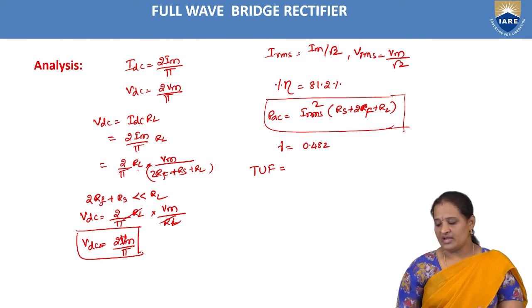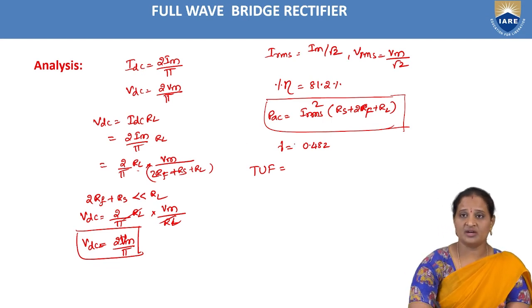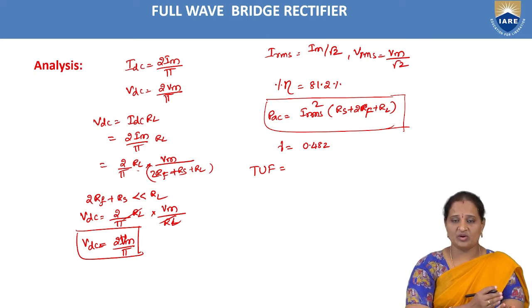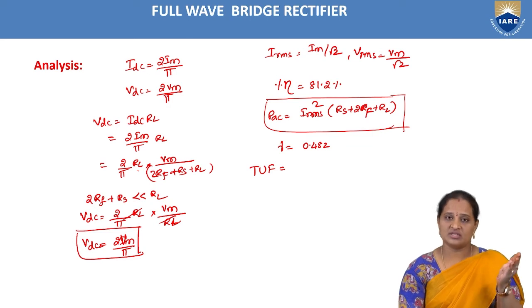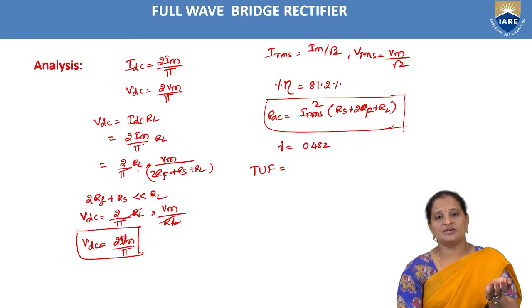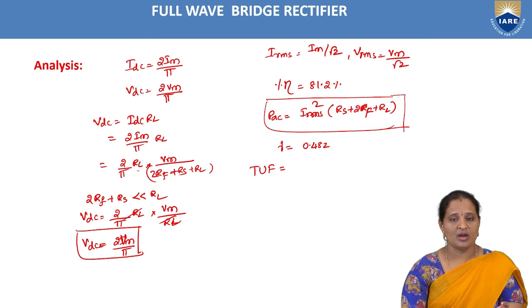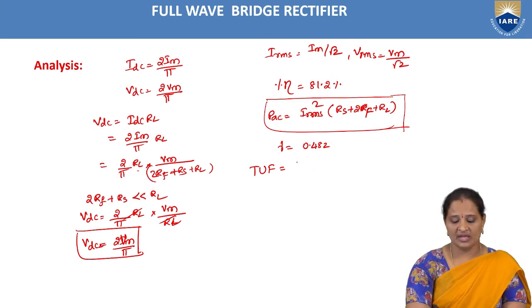So the transformer utilization factor. We calculated the transformer utilization factor for the center tap full wave rectifier by taking the average of the transformer utilization factor of the primary and secondary. That was done because we had a center tapping at the center of the secondary winding of the transformer. But here, as we don't have any center tapping, we simply calculate the transformer utilization factor of the secondary winding, which we have already calculated.